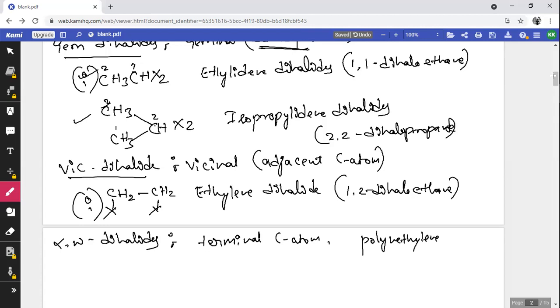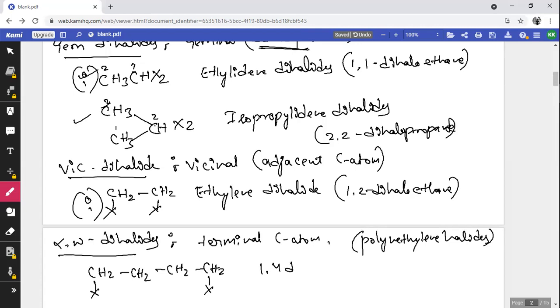Okay, an example for alpha omega dihalides: CH2X, CH2, CH2, CH2X. The name of this compound is 1,4 dihalobutane. In the common naming system, it is also known as tetramethylene dihalide.